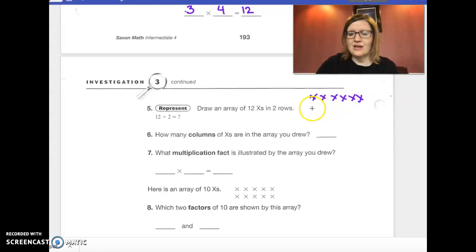And I'm going to come back again and write my next row. 1, 2, 3, 4, 5, 6. How many columns of x's are in the array that you drew? It appears that we have 6 columns. And so our multiplication fact for this is going to be 2 rows and 6 columns give us 12.